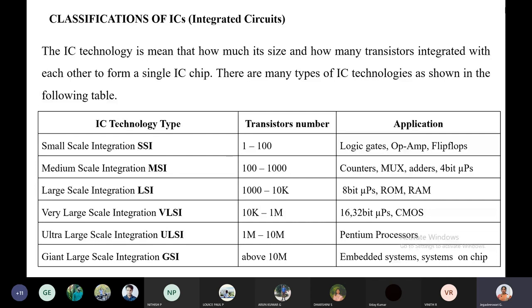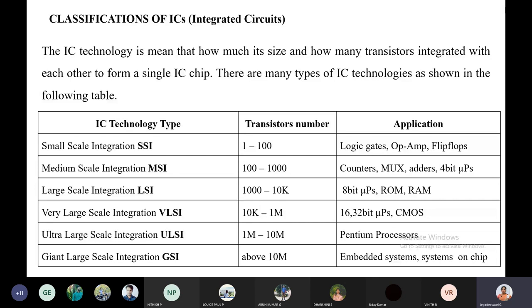Then they moved into ultra large scale integration, ULSI, 1 million to 10 million. Pentium processors and all the processors, nowadays so many processors are coming, like quad core, all come under an IC. That comes under 1 million to 10 million components in a single chip.